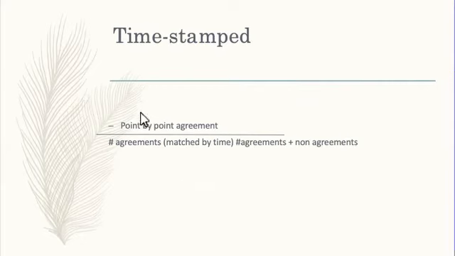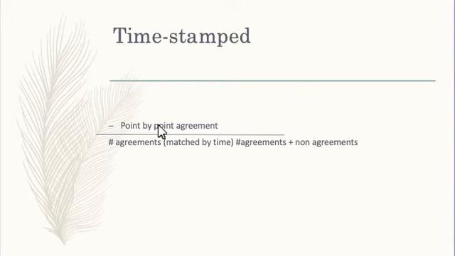Then we have point by point agreement: the number of agreements matched by time, over the number of agreements plus non-agreements. So what we're looking at here is an approach where, if we have this grid, or our momentary time sampling or partial interval recording, both of us have to agree each time that it happens.